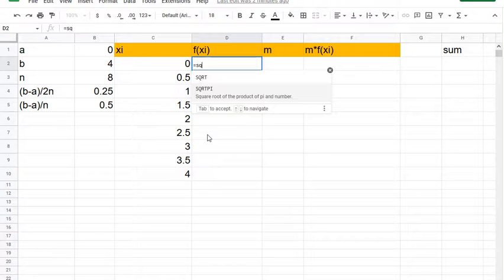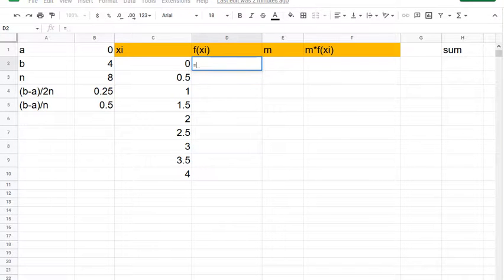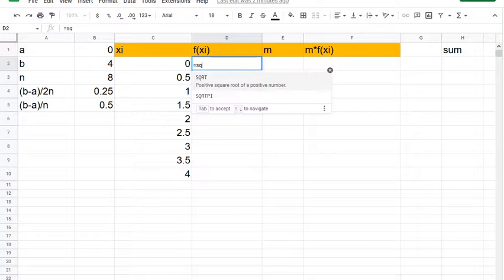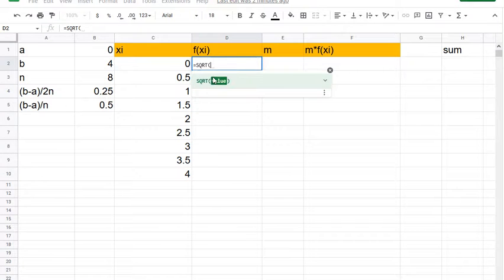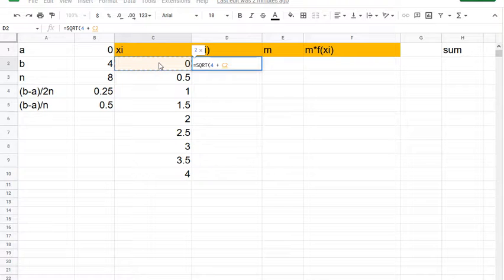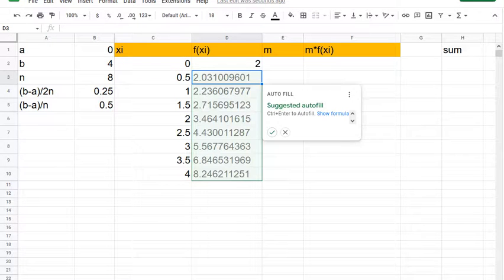Then it will ask us to autofill, and it will do the calculations automatically for the other x sub i's. And if we like it, then accept it.